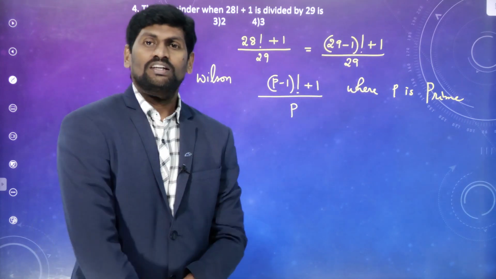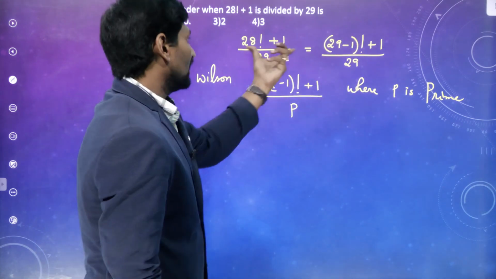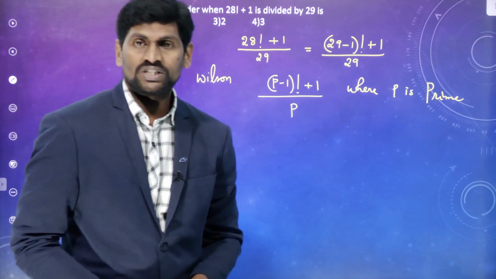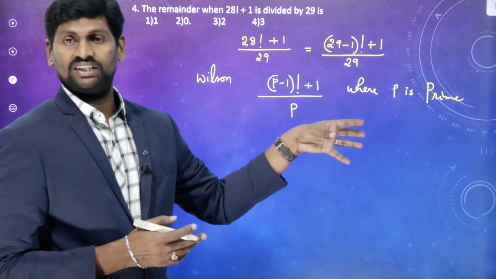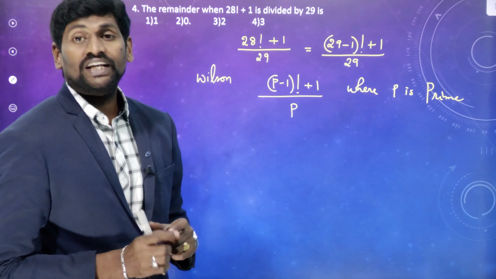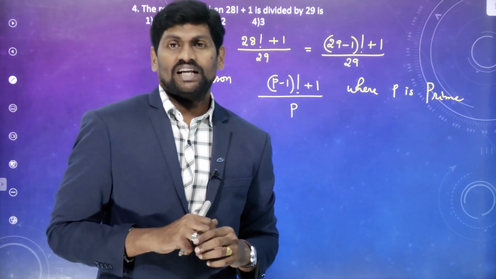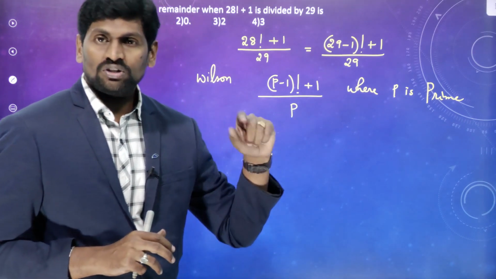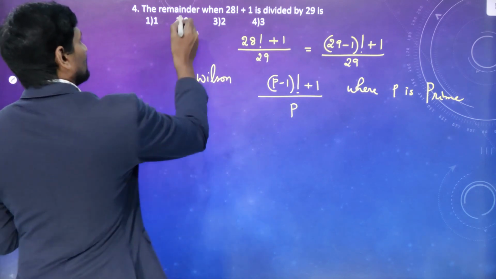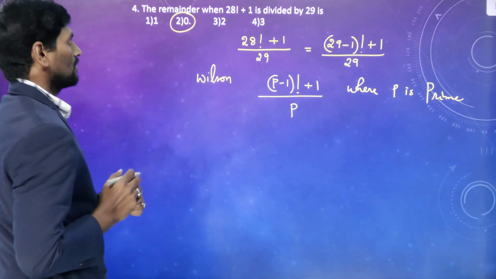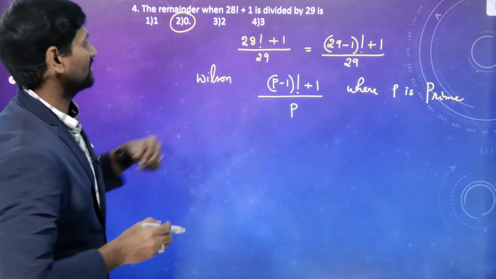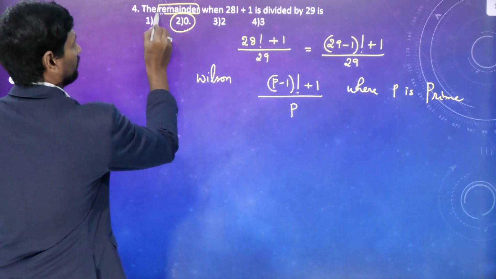So simply by Wilson's theorem, that entire numerator value is exactly divisible by 29. Exactly divides means there is no remainder. So our answer is 0, because you are asking only about the remainder.